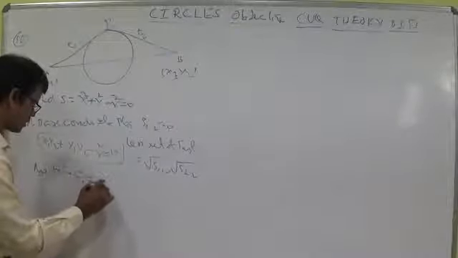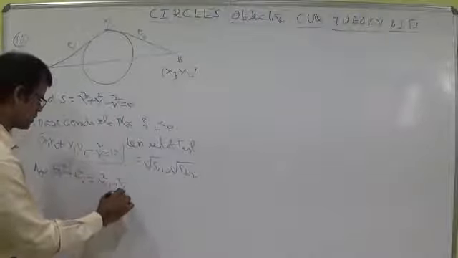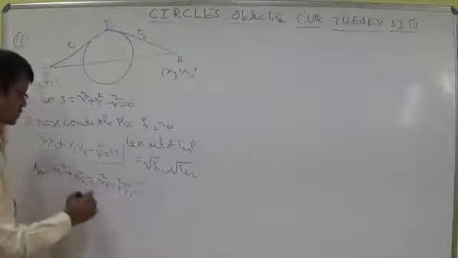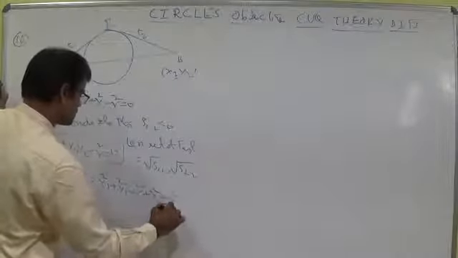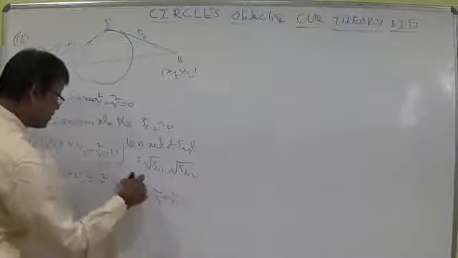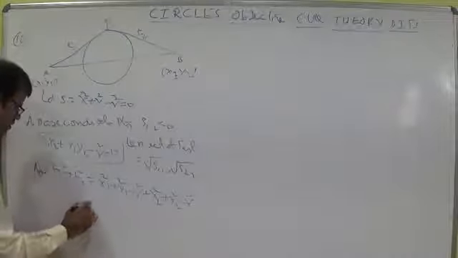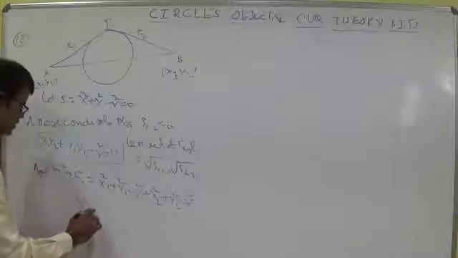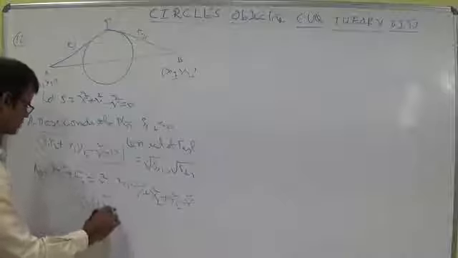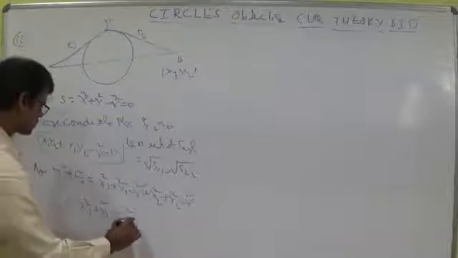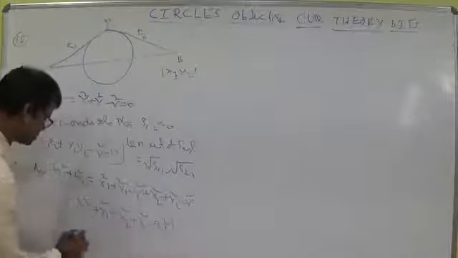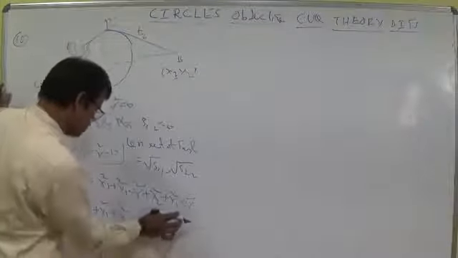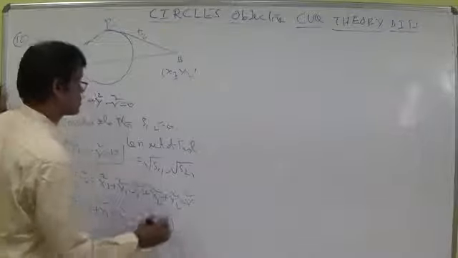So whenever T1 square plus T2 square is given, you can write this as x1 square plus y1 square minus r square, like this. So you can write x1 square plus y1 square plus x2 square plus y2 square minus 2r square as the value of T1 square plus T2 square.